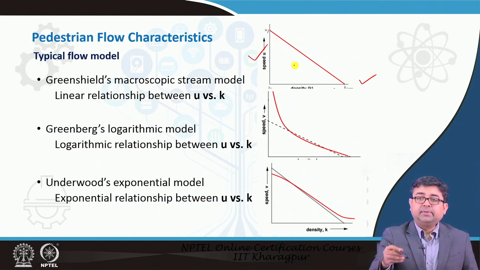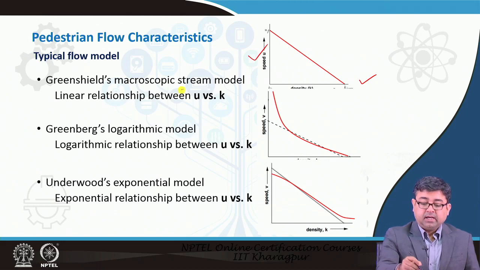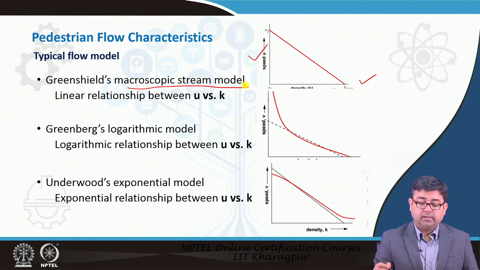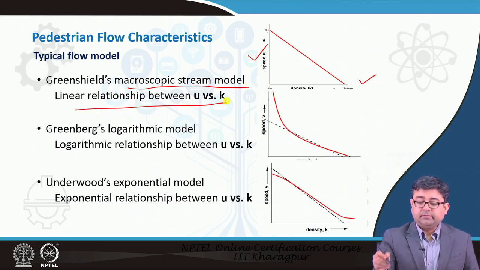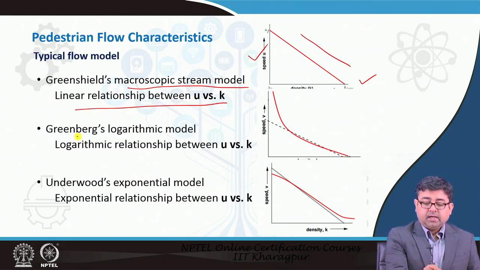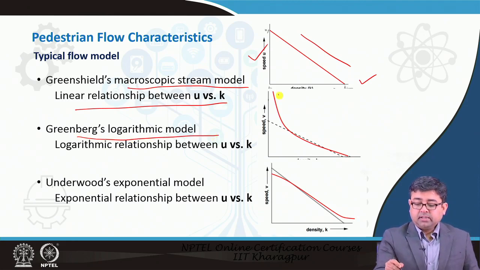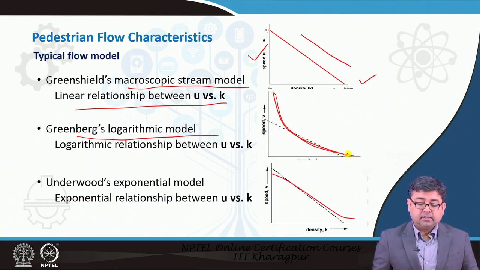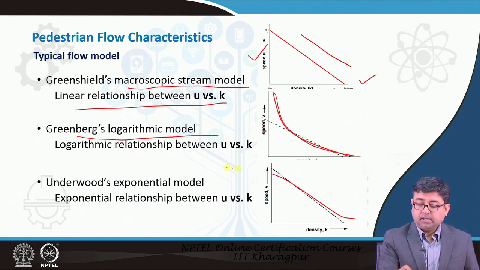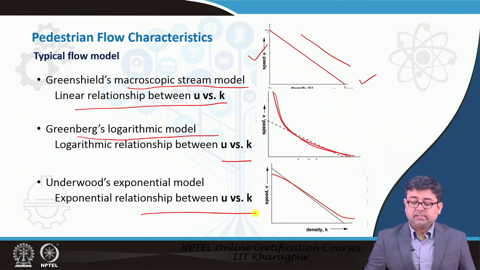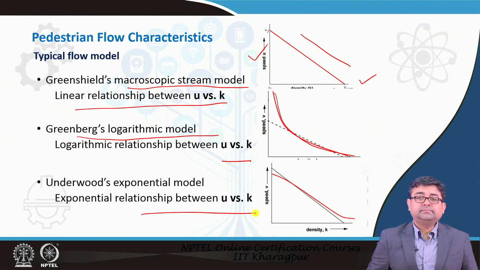The very simplistic model that I have shown you before, which is the Greenshields macroscopic stream model, gives a very linear relationship between u and k, whereas Greenberg's logarithmic model says that it is not linear, but the speed is logarithmic in relationship with density, and Underwood's exponential model now says that no, it is not logarithmic, but it is exponential in nature when it comes to the relationship between speed and density.